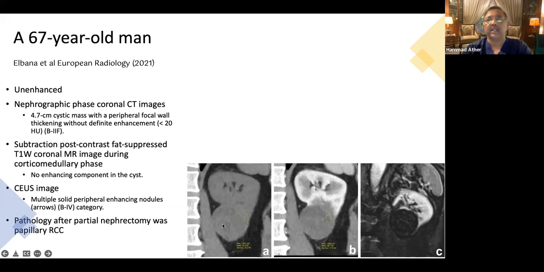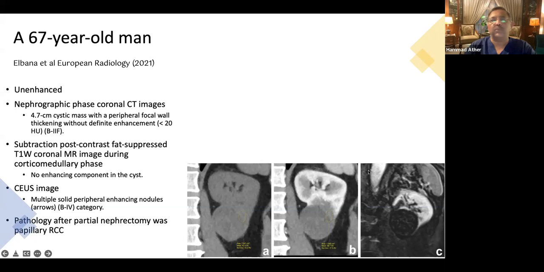This is your contrast-enhanced CT, which shows just about a 5 centimeter tumor with peripheral focal wall thickening, as indicated by this circle, that there is some thickening at the junction of the normal parenchyma and the mass lesion. However, it is less than 20 Hounsfield units, which indicates that this is likely to be a benign lesion which requires follow-up.